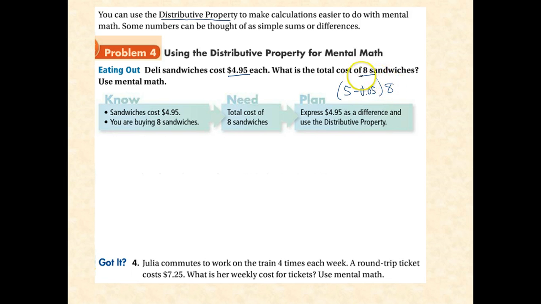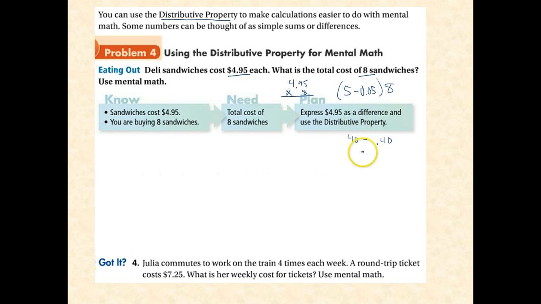So you would do 8 times 5 is 40, minus 8 times 5 cents is 40 cents. $40 minus 40 cents is a little easier than doing 4.95 times 8, and I'm going to do all this multiplication.